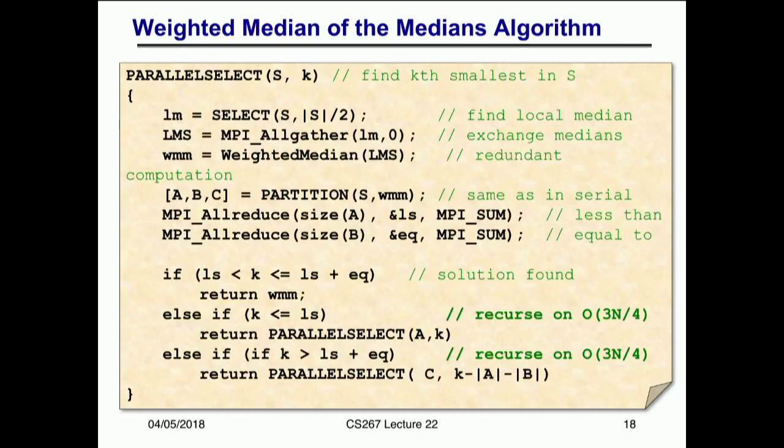And the only two differences here are that there need to be a couple of MPI calls to figure out the global median element, what the median is. And instead of finding the median of the medians, you find the weighted median of medians. So that's only the two differences there. Okay.